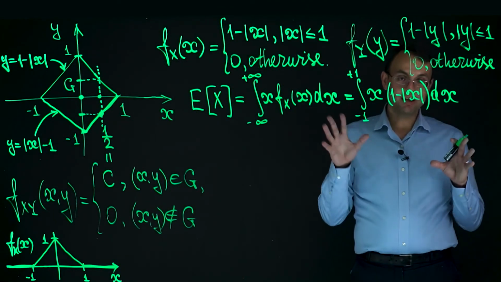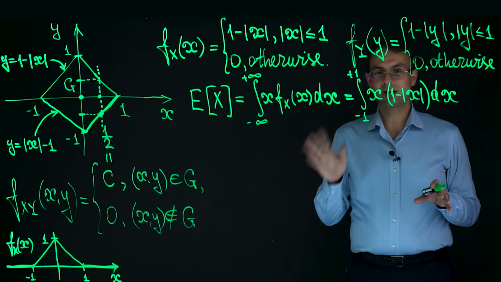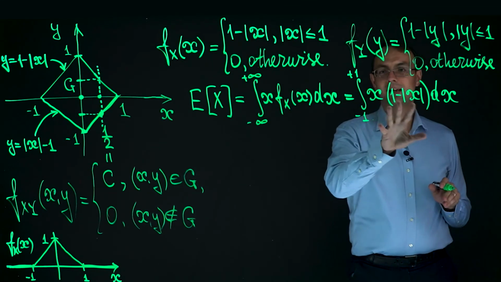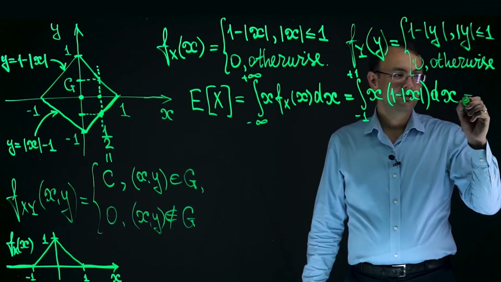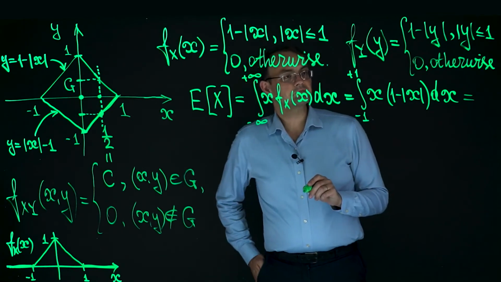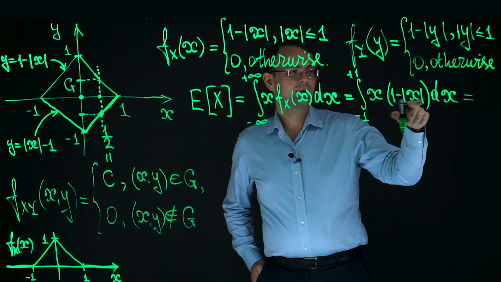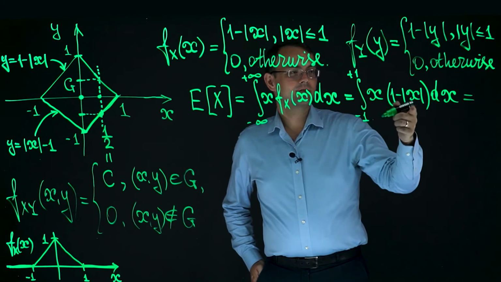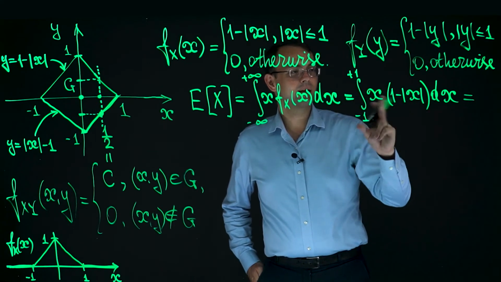But if you don't know all this stuff, you can just calculate this integral. To do this, you are to open these brackets. The first step is to split this integral into a sum of two integrals.